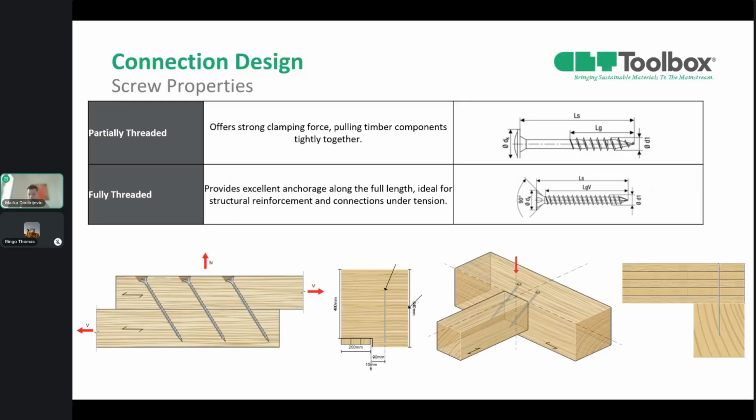Also, in terms of application, partially threaded screws are usually used for wood-to-wood or steel-to-wood connections to pull components together, while fully threaded screws are used to transmit high axial forces into timber constructions and buildings. Usually, they're installed in an inclined direction with respect to the shear plane and wood grain, and also used as reinforcement, as I mentioned. Some of the applications of these connections can be seen in the images below.